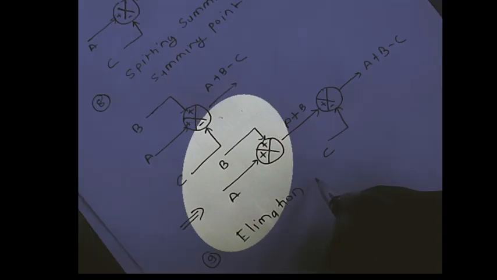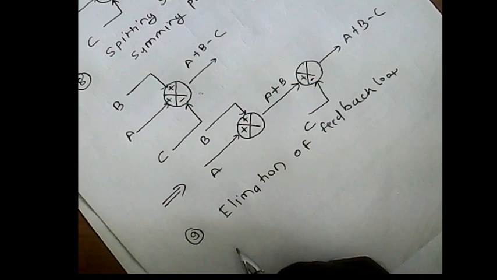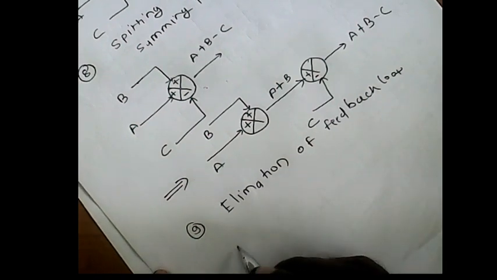Now rule number 9, that is elimination of feedback loop. Feedback may be of two types: positive feedback and negative feedback. Here is an example of negative feedback.